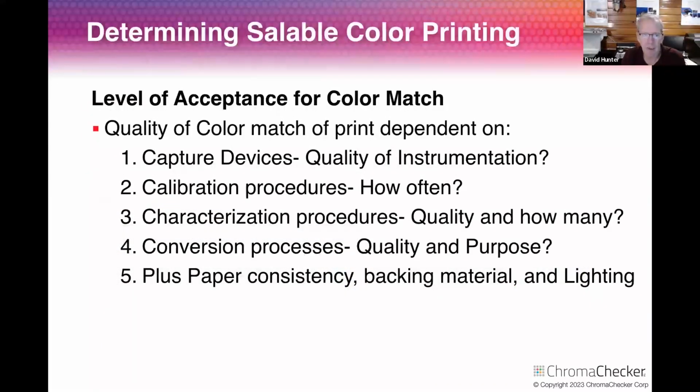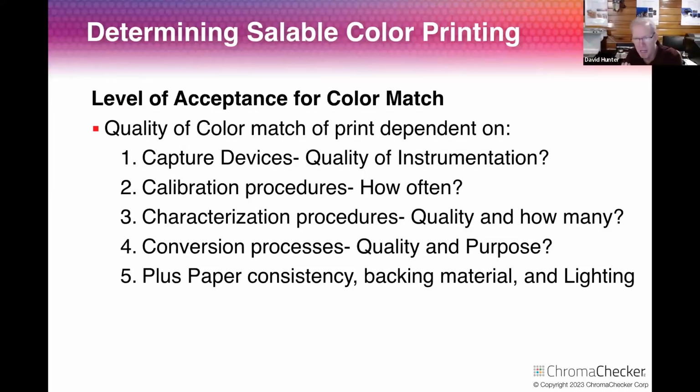And when we talk about the level of acceptance, once we have the E factor, we can determine whether or not we're using appropriate instrumentation and whether or not we're calibrating our printer often enough, and whether or not I need a large profile target or a small profile target to build my characterization data set. And what type of color conversion do I need?